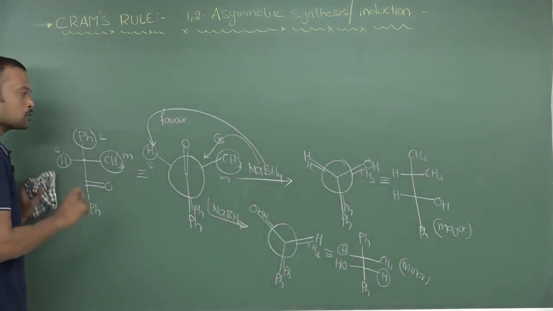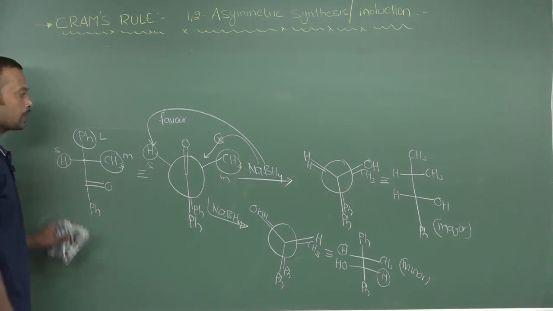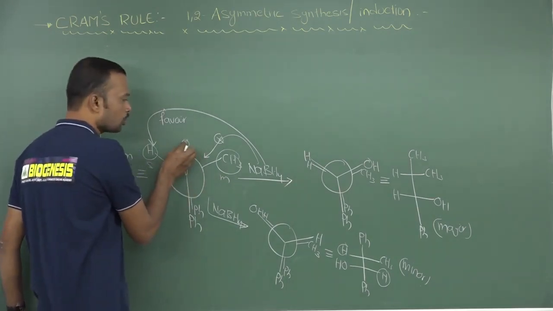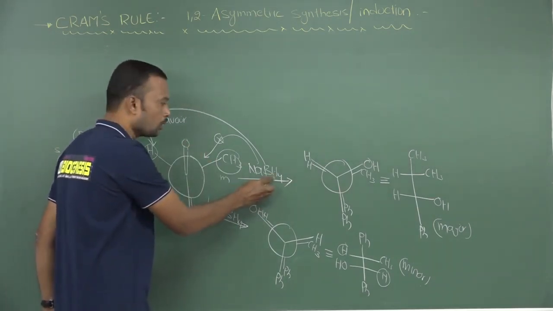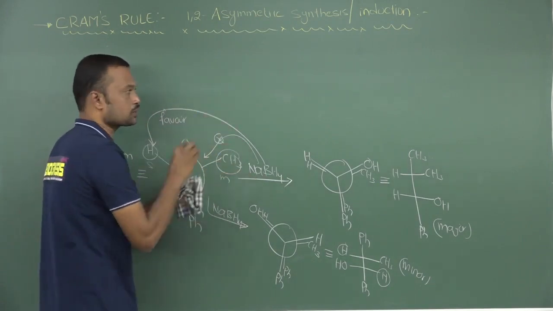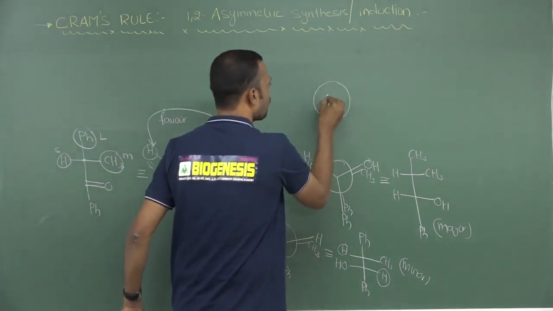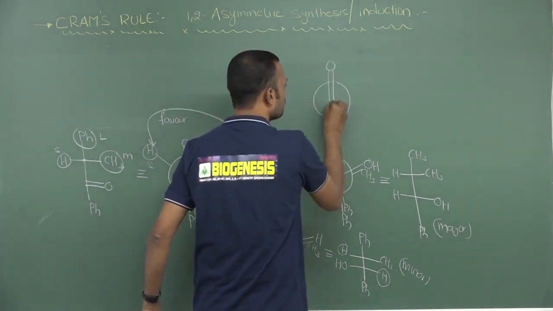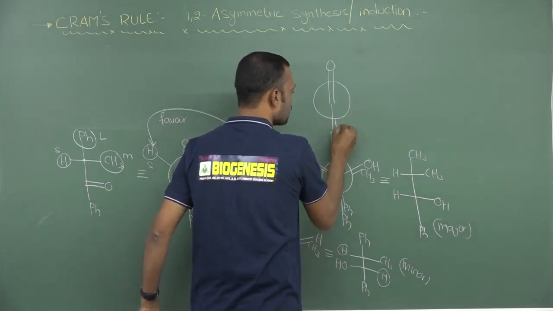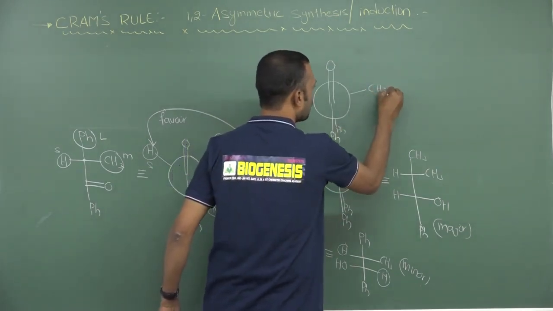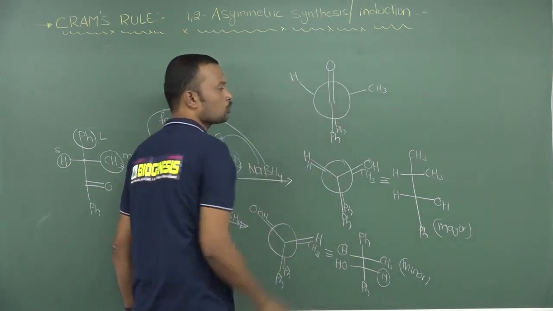Okay, so this is Cram's model, how it is going to operate. Especially this oxygen is going to be coordinated with this boron, empty orbital, and it will be delivered in two different directions like this. See here. Actually, whenever you add NaBH4, okay, this is the large group and this is the medium group, this is the small group.